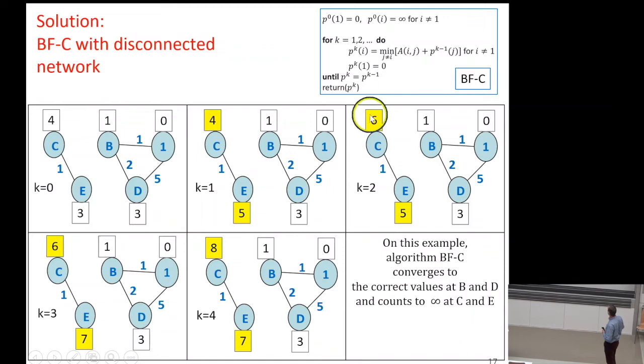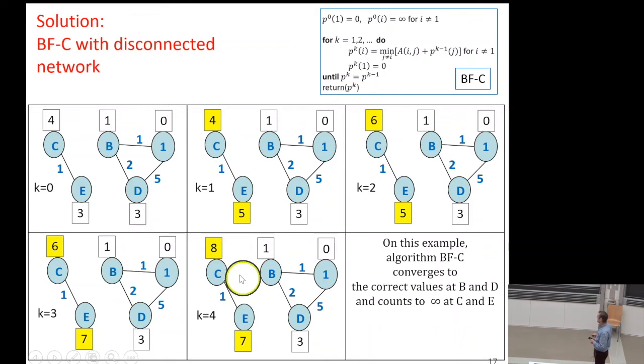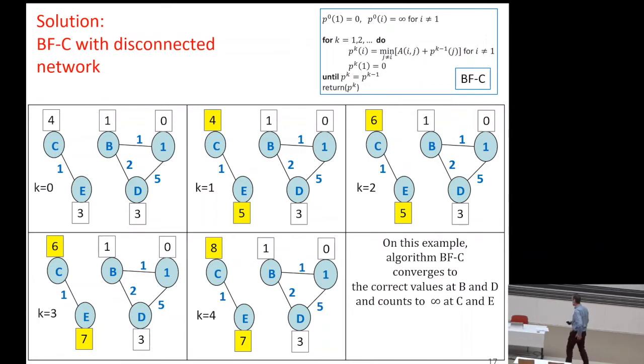So 4, 5, 5, 6, 6, 7, 8, 7, etc. So this island will have the correct values, it has converged, but this one will, what we do call counts to infinity. They will increase, and this will never stop. So the algorithm, of course, is not very good in this case. So it will do what we call counts to infinity.